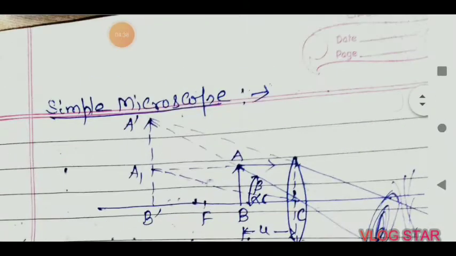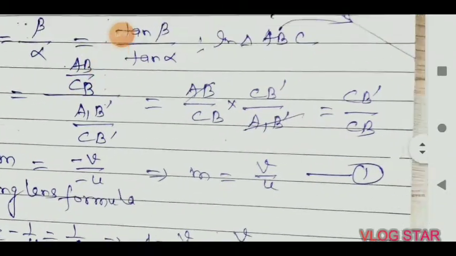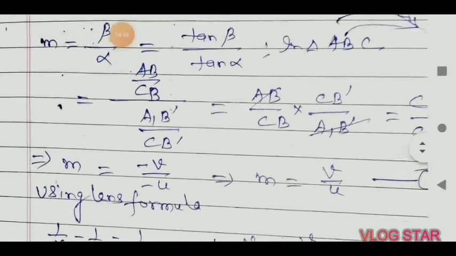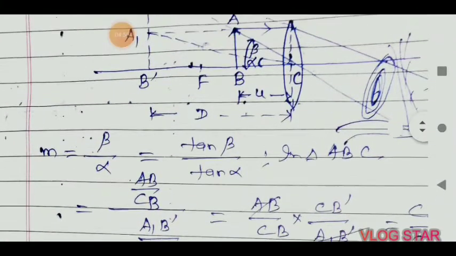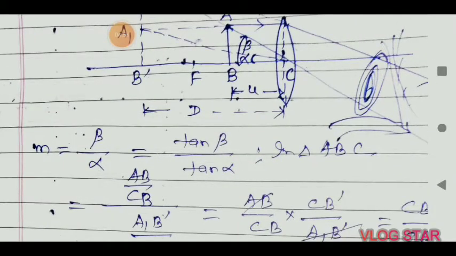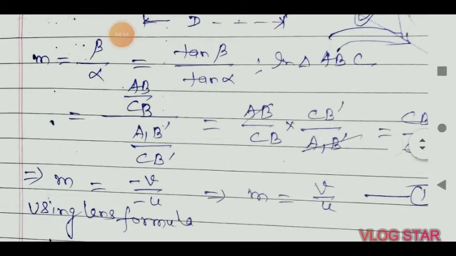Now we simplify this. AB and A1 B dash are the same, cancel out, that is CB dash upon CB. Now CB dash you see is the image distance V upon U. The minus sign has been cancelled out, so the magnification produced is V by U.